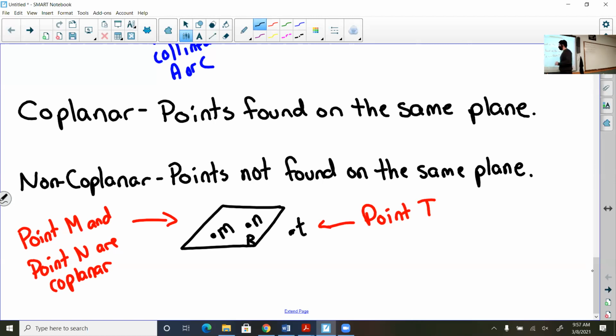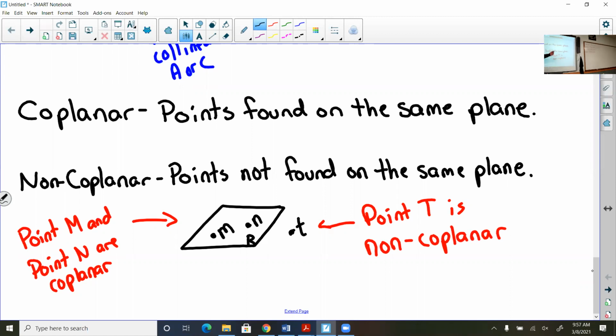And I messed up by doing lowercase letters again, so make sure they're uppercase. But as I'm labeling them, I'm making them uppercase. And I'm going to use the non-coplanar in this case just because I didn't earlier. So points M and N are coplanar.